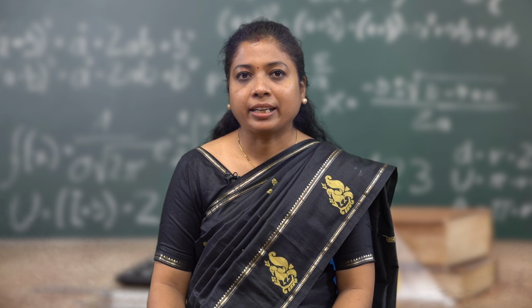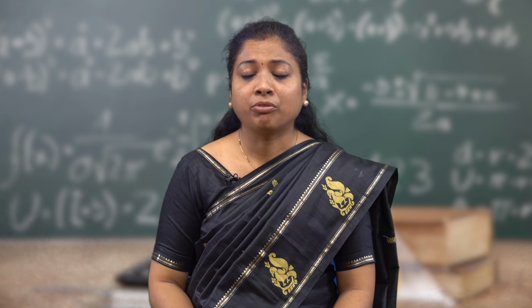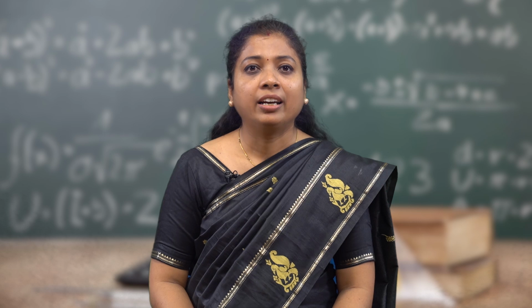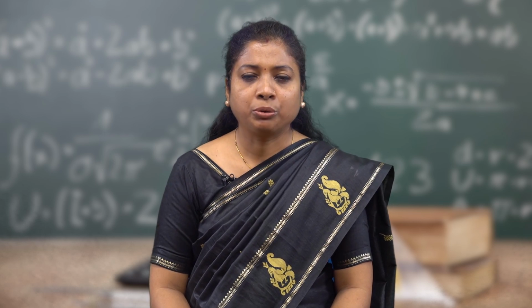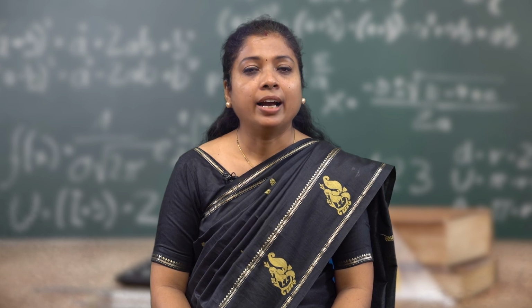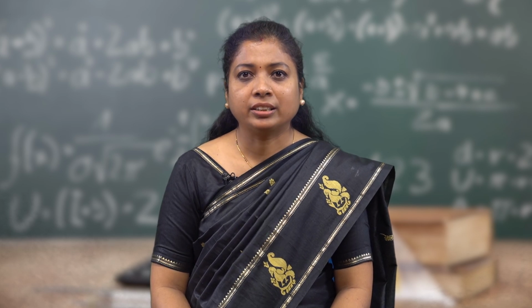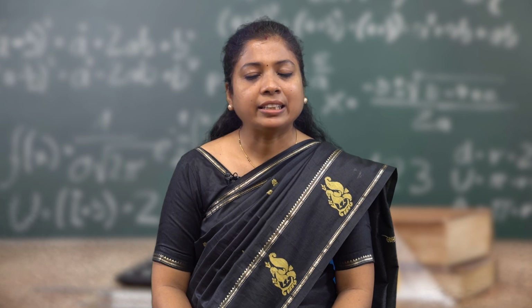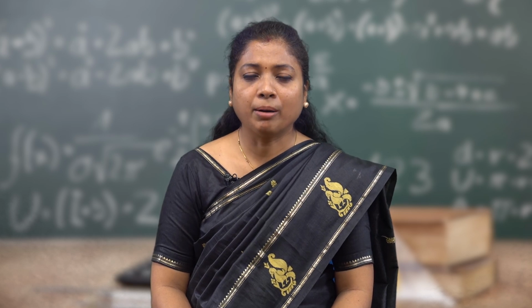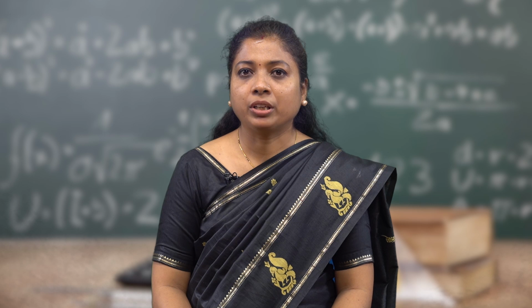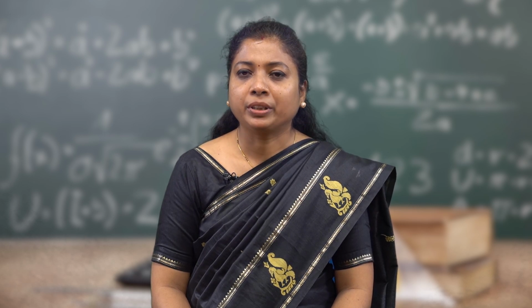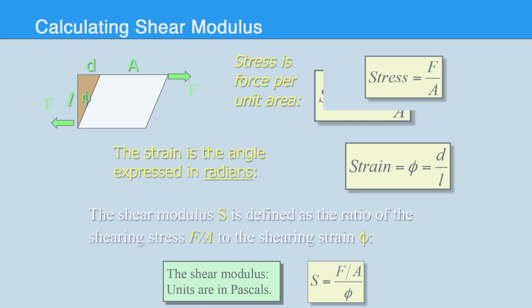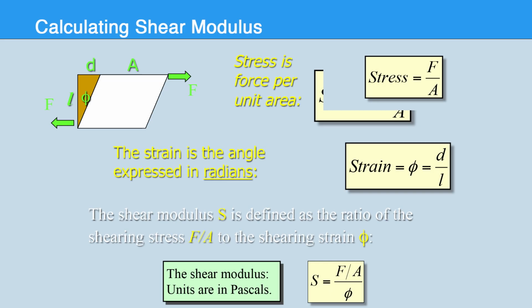Some examples of Young modulus for different materials: steel has a Young modulus of approximately 200 gigapascal, aluminum has 70 gigapascal, that is the approximate number. Rubber has a Young modulus of about 0.01 gigapascal.